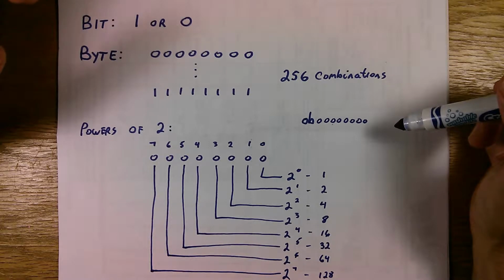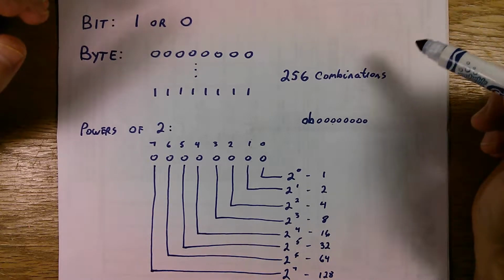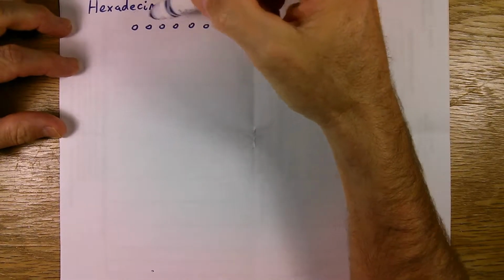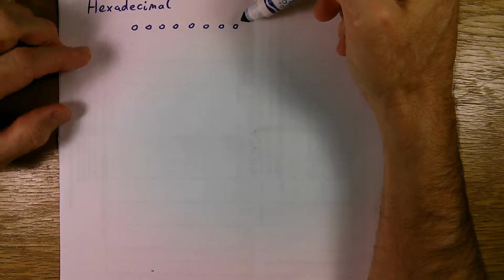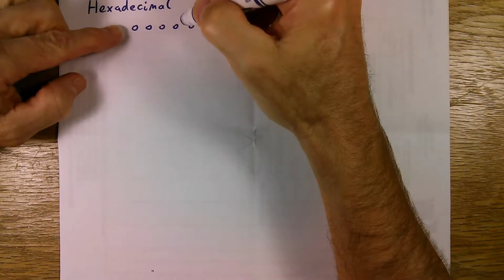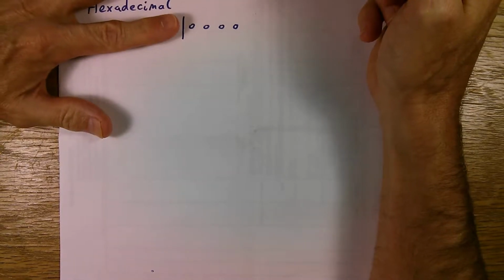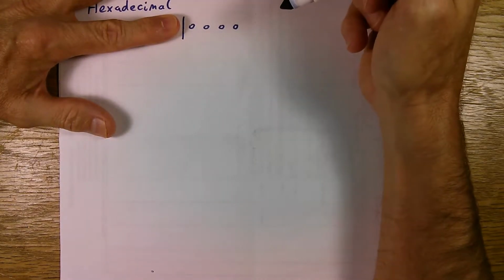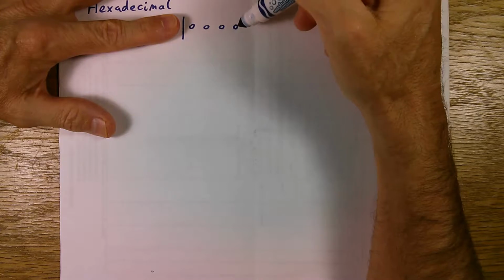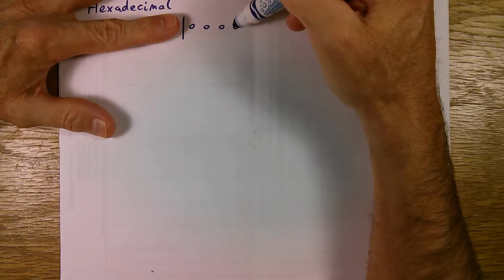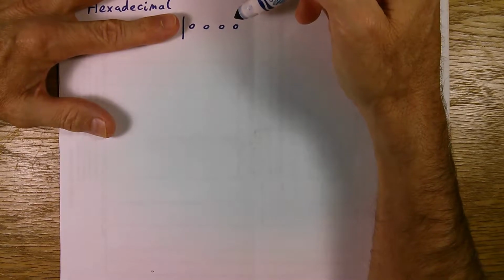I'm going to show you another type of notation called hexadecimal. So with hexadecimal, I'll just do it with a byte since it's easier to work with. We write down all of our bits, but then we divide them in half into 2 chunks. So each half here has 4 bits, and there's a total of 16 different combinations. 2 to the 4th power is 16.